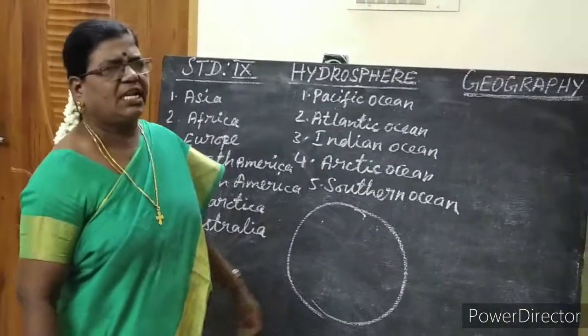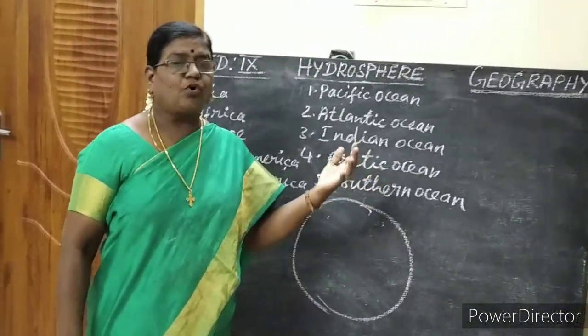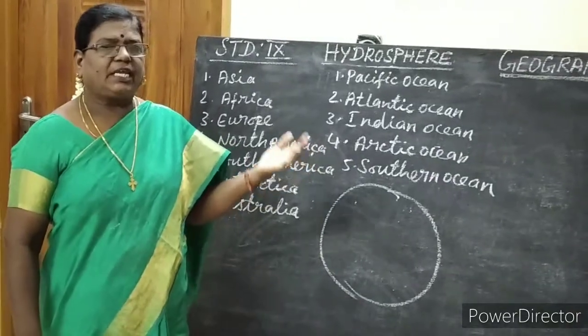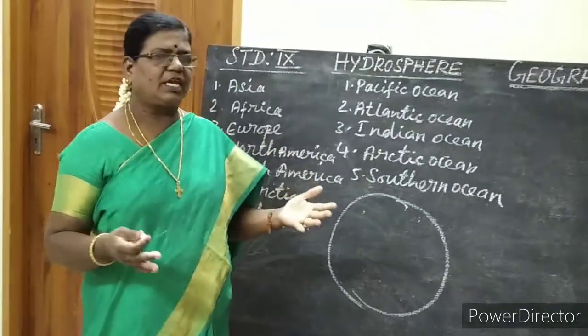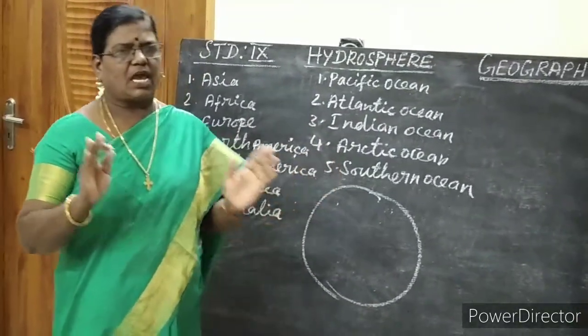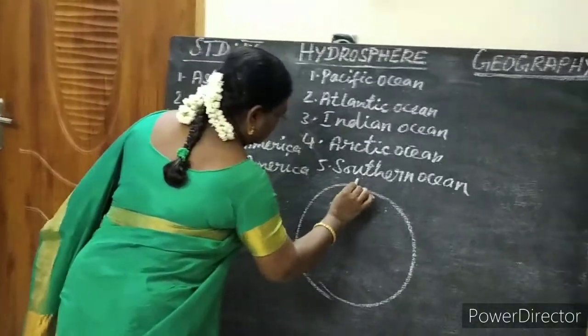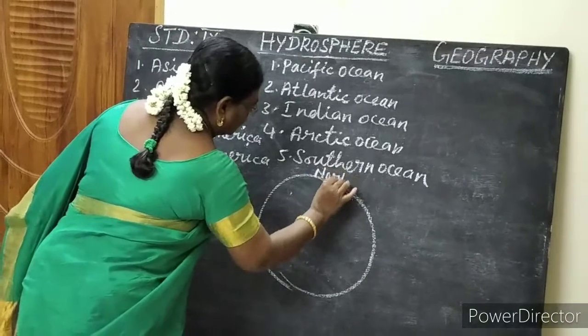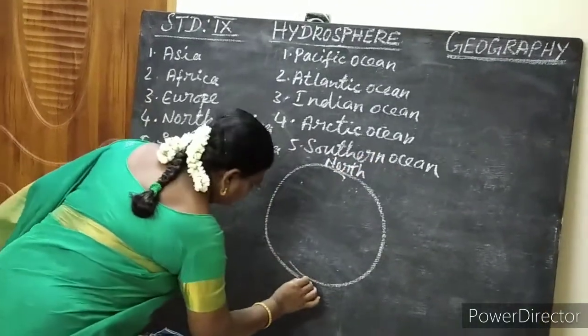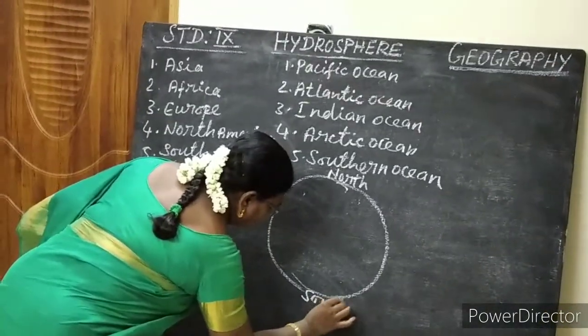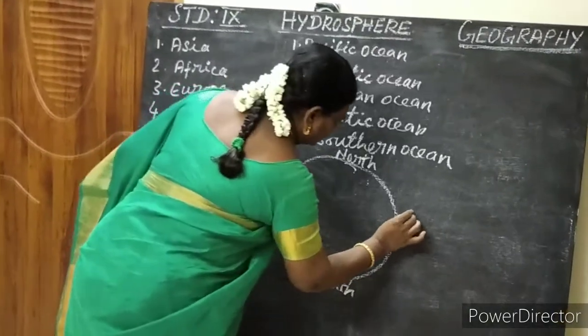Look here, children. Continents and oceans are not evenly distributed in the northern hemisphere and southern hemisphere. You know where is north? This is north. Here south. This is east.